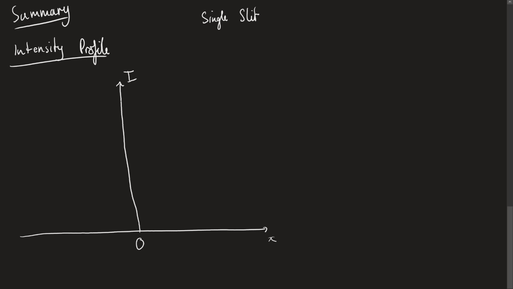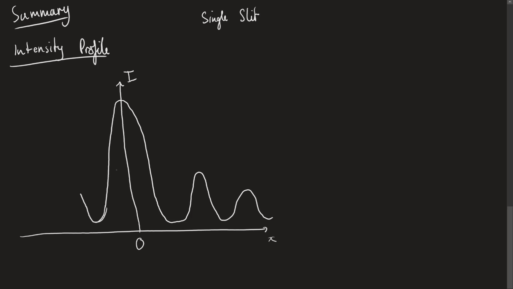The central maxima has the highest intensity, so it looks like this, then decreases, and then at some distance away we'd get a second maxima, that would decrease, and then we'd get a third, and so on, and it will be symmetrical on this side. My drawing is probably not going to end up symmetrical, but it should. Like I predicted, not exactly symmetrical, but you get the idea. It should be a symmetrical line between the two of them.